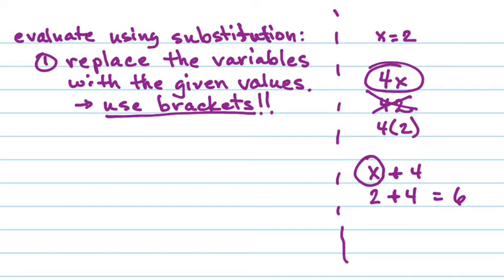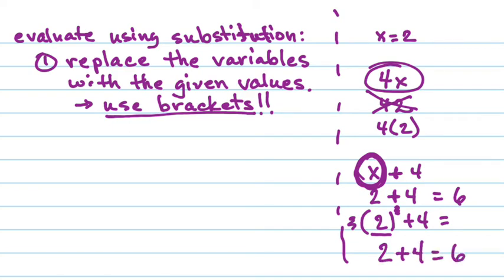The only time you don't have to use the brackets is if the x, or the y or the a or whatever variable you have, is completely by itself. But even here, if you know that's going to be an issue for you, just go ahead and put in the bracket. There's nothing inside I can do, no exponent, no coefficient, so there's no reason for the bracket to be there.